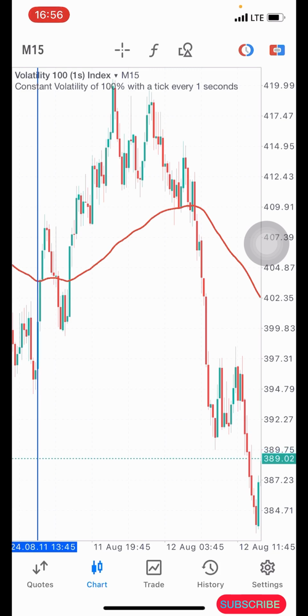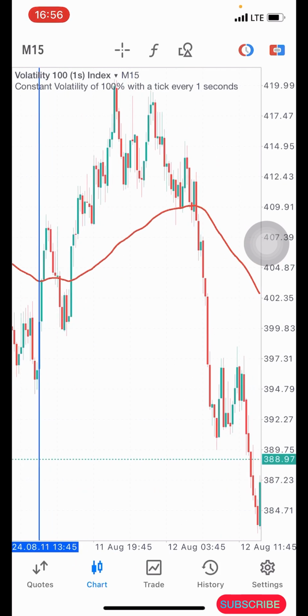But this one you can use to grow your small account. That's why I choose this one, because all my strategies are about growing your small account. If you use it on the other pair, then you need to have a huge account. This synthetic index here is a very good one for this particular strategy.